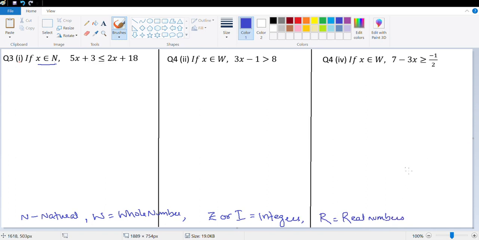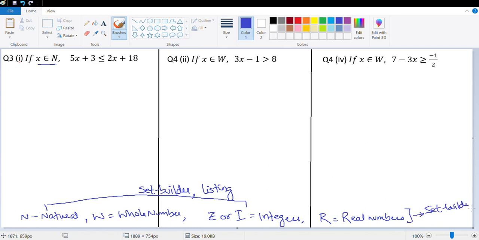Natural numbers, whole numbers and integers can be written in set builder form, where you write it in English, and also in the listing method, where you write the specific numbers which answer it. R, real numbers, is only written in set builder form.